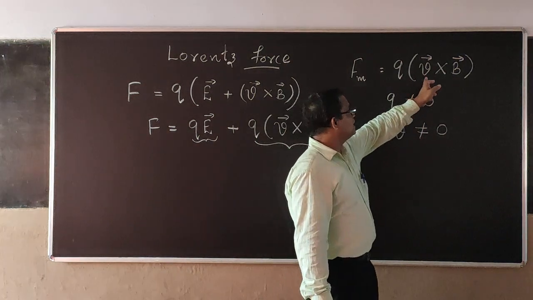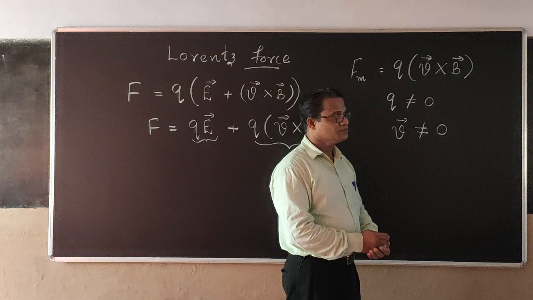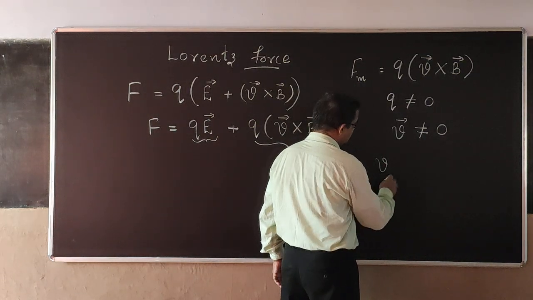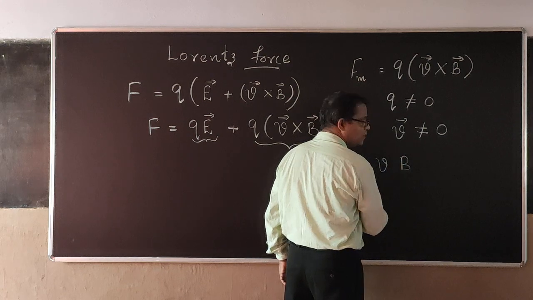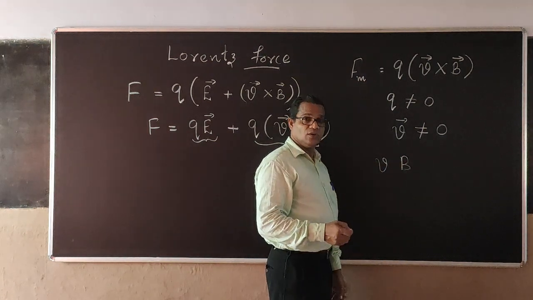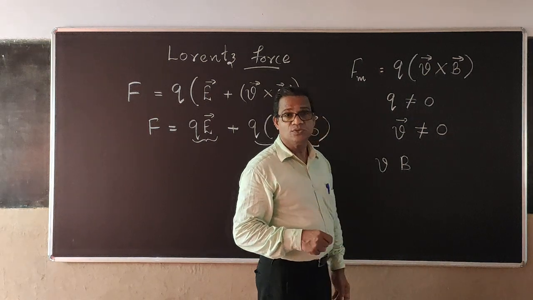Then, being a cross product here, V and B will not be parallel or anti-parallel to each other.